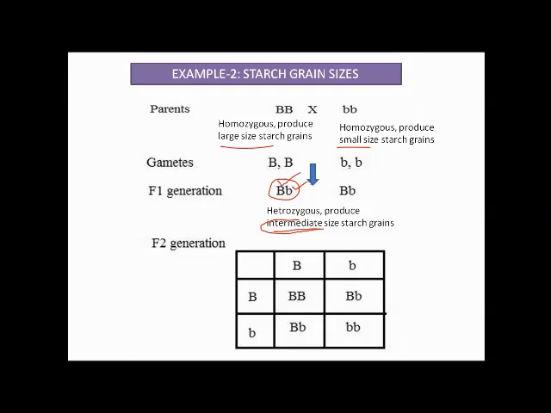That is, the phenotypic results are one large, two intermediate and one small, and the genotypic ratio is homozygous dominant 1, heterozygous dominant 2, and homozygous recessive 1. So the results are similar in both phenotypic and genotypic ratio.